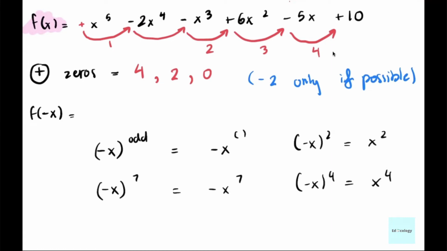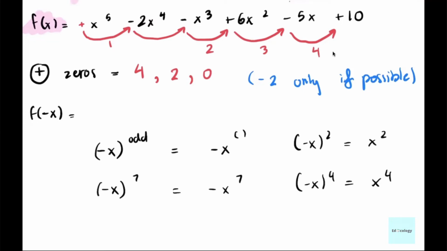Because remember, the rule is whenever you have an odd number of negative integers multiplied by each other, the product will be negative. The same thing with variables. Whenever you multiply a negative variable an odd number of times, the answer would be negative.